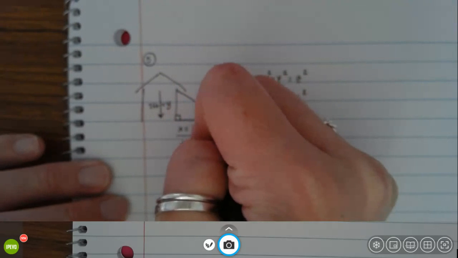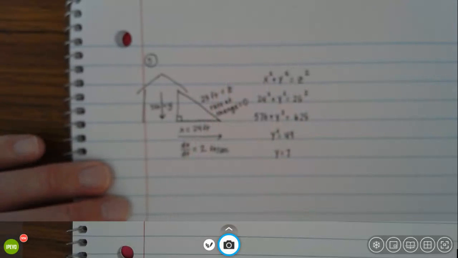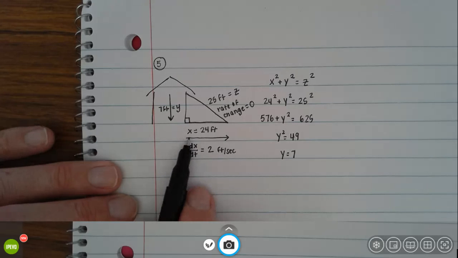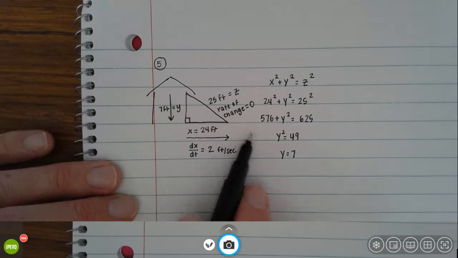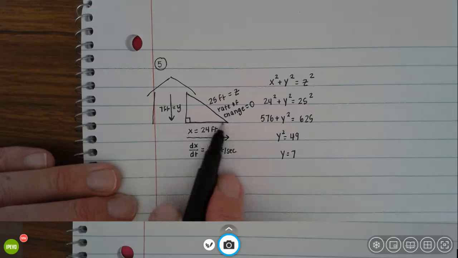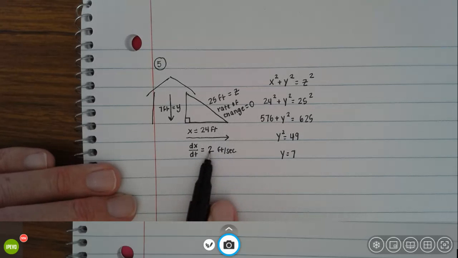And we can use feet per second here. I'm going to make that rate of change a positive rate of change because this length is increasing. As the bottom of the ladder is being pulled out this way, this bottom length is increasing, which is going to make this rate positive.